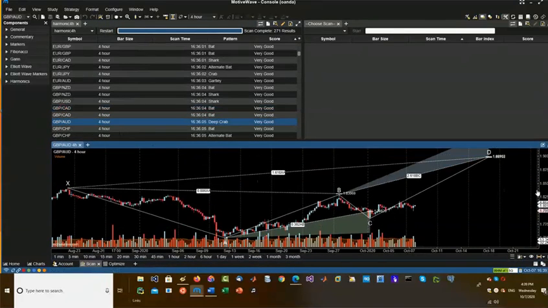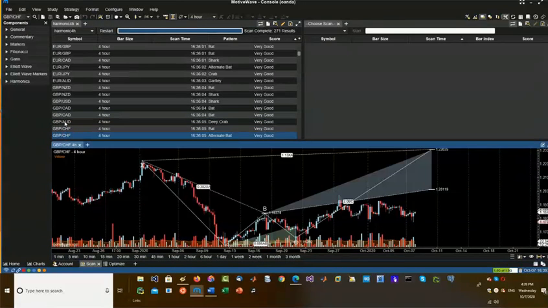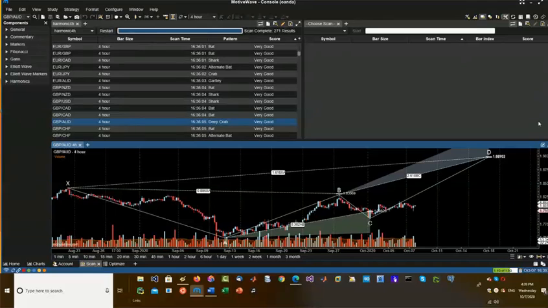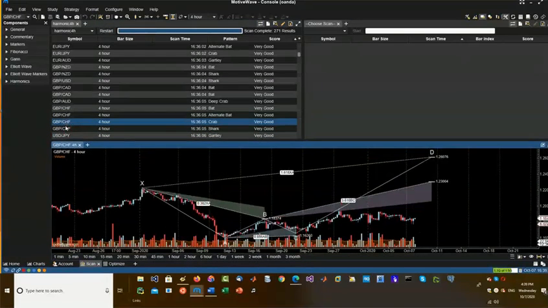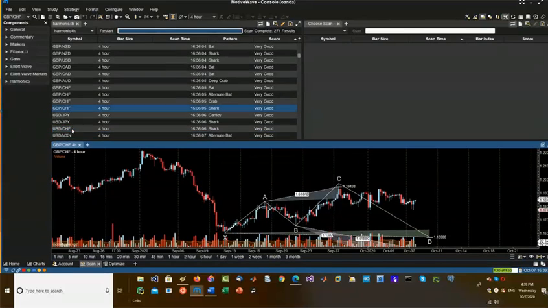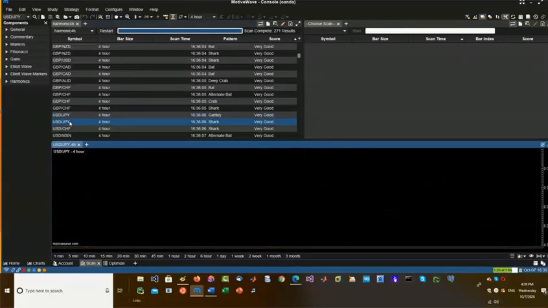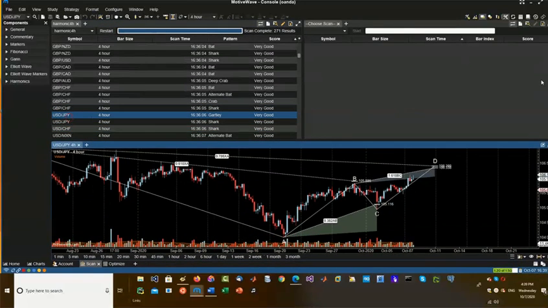GBP against the Australian, let's see what this one says. That's a short, long, forget that. GBP against the Australian dollar, I think that would be an interesting mix as well. All right, continuing along, GBP CHF, there's a mix there. USD Japan, do I have that included? No. USD Japan.